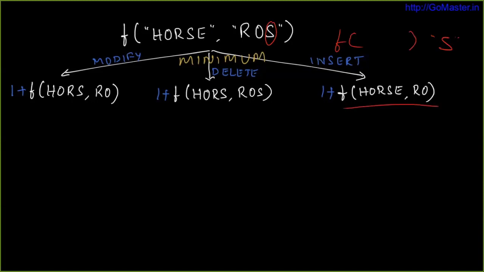Where we need to transform HORSE to RO so that S is already available at the end. So these are the three possibilities. We are going to exhaustively cover all the three possibilities, and whichever returns the minimum value in terms of the operations, we are going to consider that, right? So this is exhaustive in nature in that sense.